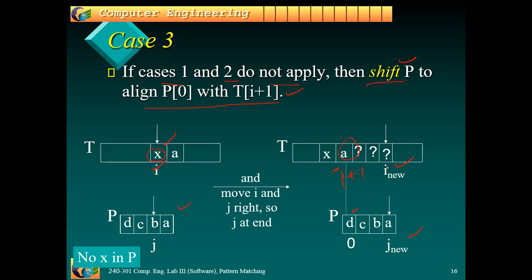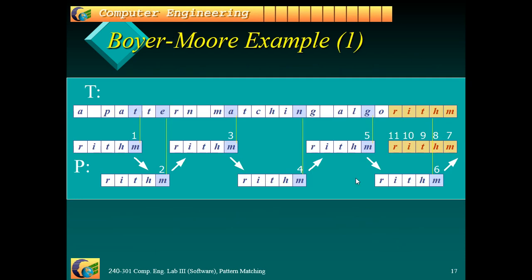Again, you start the next iteration, comparing the character of the text at I and the character of the pattern at J. If there is a match, you decrease and continue until you reach the first character of the pattern. If all the characters match, you retrieve the position of I from where the pattern was found in the text. So these are the three extreme cases we adopt to jump the characters.